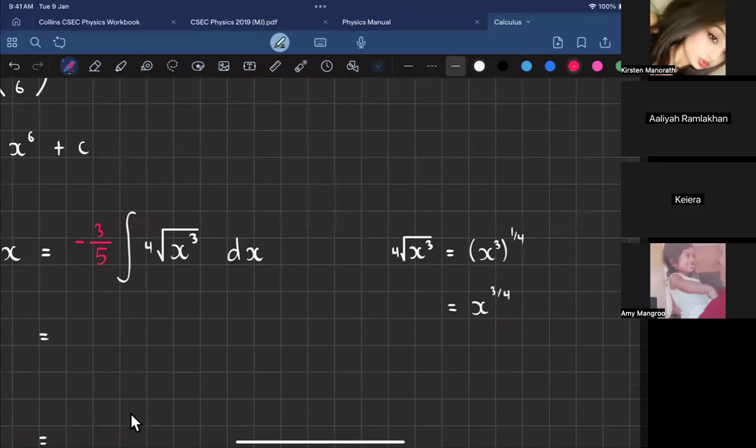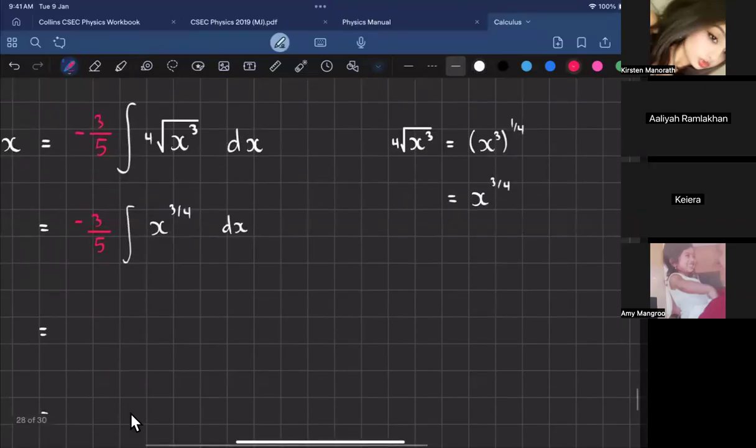So right now we have negative 3/5 integral of x to the power 3/4 dx.